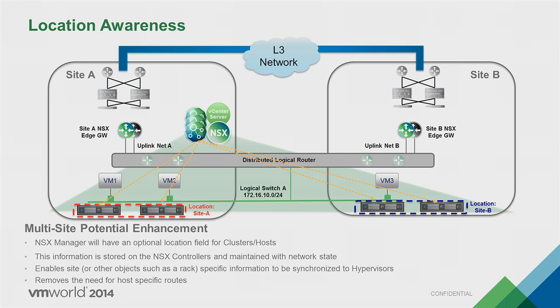This could give us other flexibility as well. In this case, I'm applying the location ID to a site in a multi-site scenario, but it could also be used to do other things like rack-specific optimized routing. This is an enhancement that we're working on. And once those site-specific routes are programmed, you'll automatically have that local egress optimized routing.